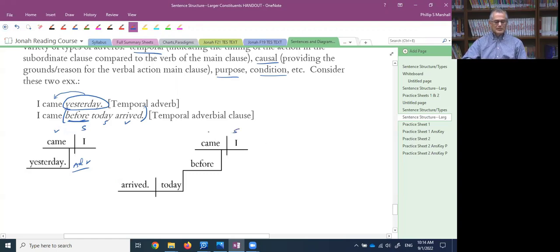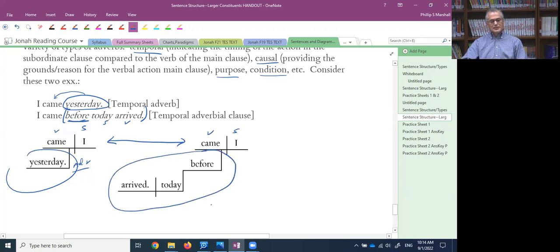So I came is in the same place as it is over here. Those are exactly the same. And yesterday hangs off of the verb, so does the adverbial dependent clause. But I have this extra little step here because I want to put the subordinating conjunction on a line before I get to the baseline here for the subject and the verb of the dependent clause.